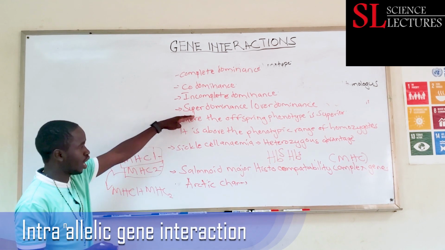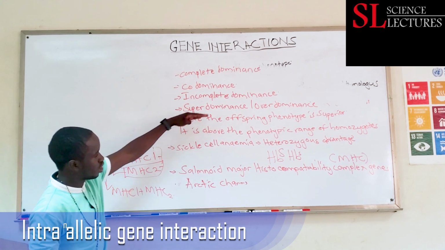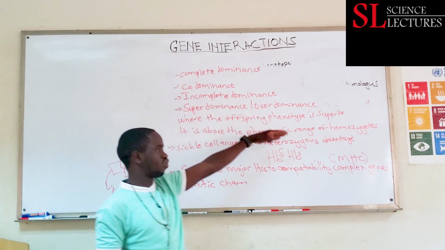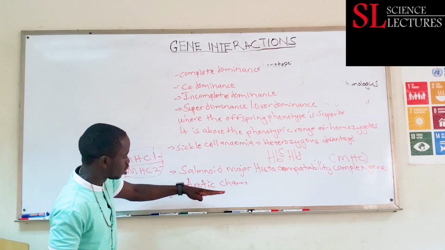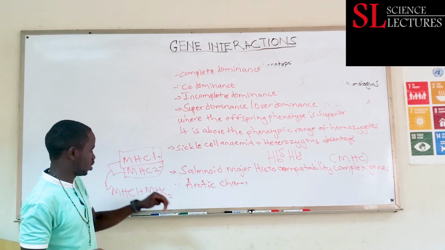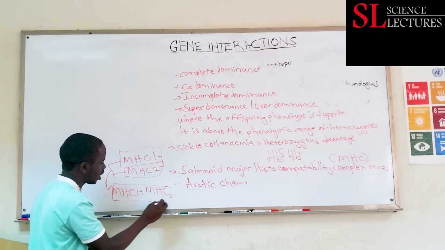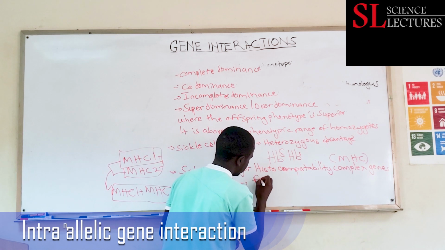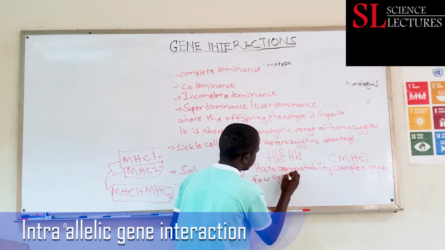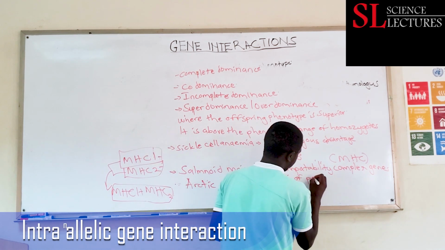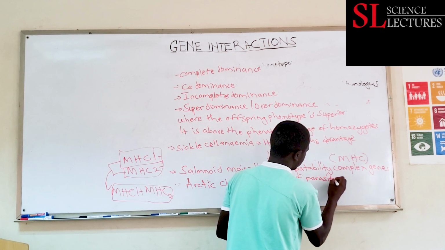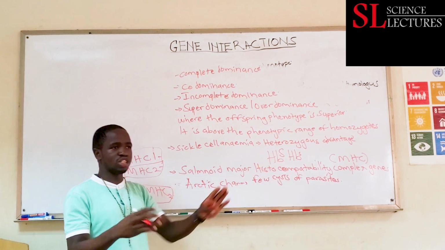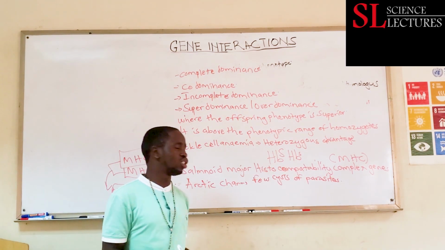But we are looking at superdominance. We said that the phenotypic range of the offspring is above that of both homozygotes. So those Arctic fish that were heterozygous for both MHC genes had few cysts of parasites, because these fish are usually affected by monogeneans, which tend to form cysts in various body parts.